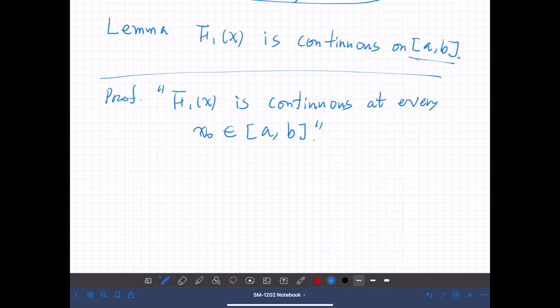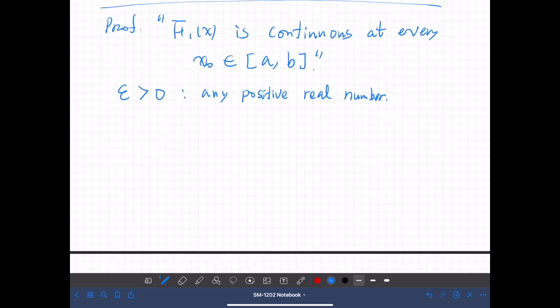Okay, so to prove that, let epsilon be any positive real number. Of course we are actually assuming this is a very small number.